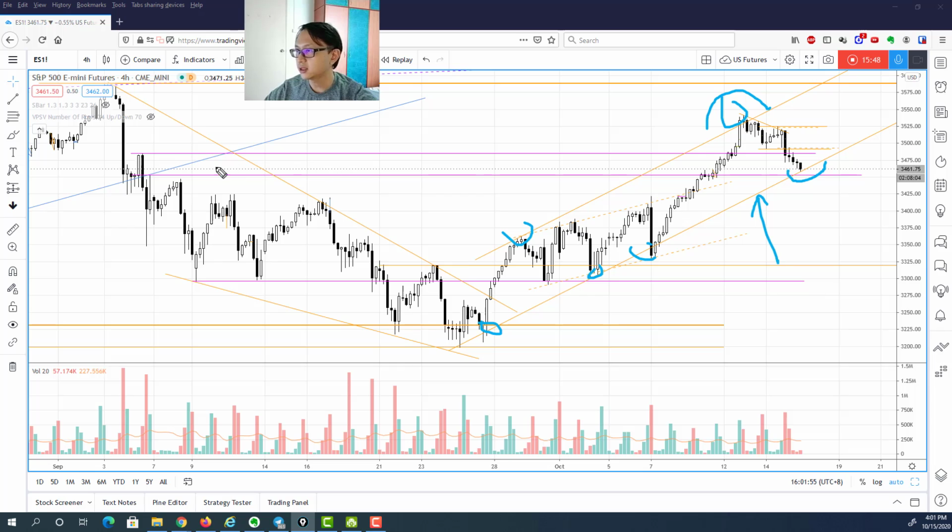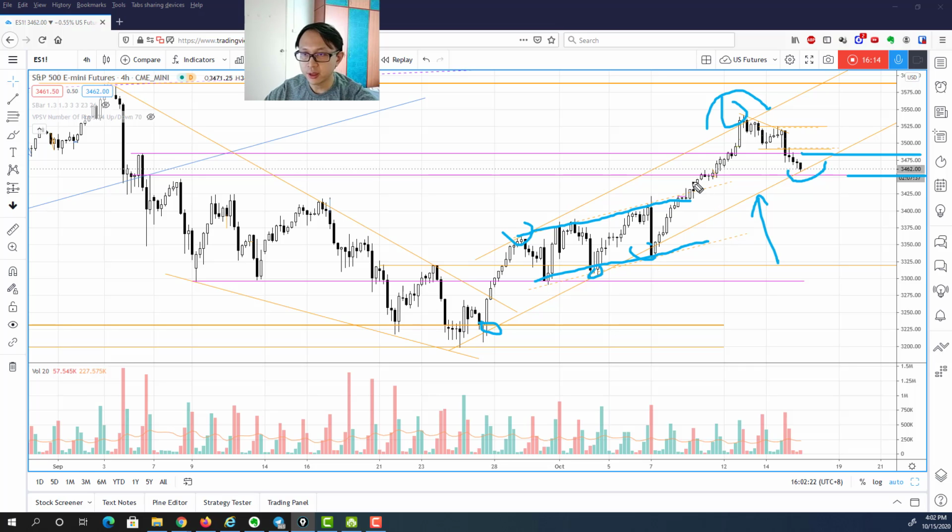And if we take a look at the horizontal support, the first level has been broken, so here comes the second level at around 34.50. I think this is a good level, so I actually expect some kind of bounce up from here. If this level fails, cannot hold, then the next level I will be basing on this upsloping trading range.